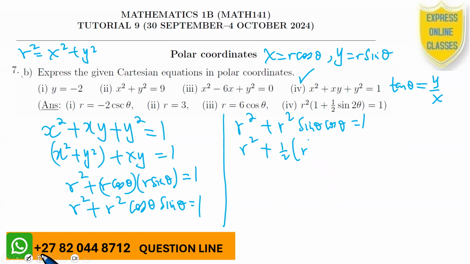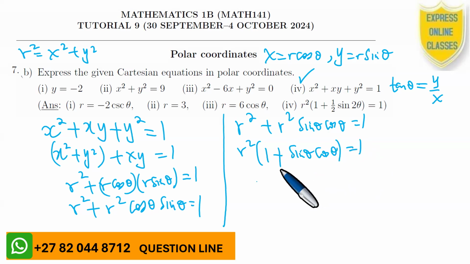But first let us do the following. We factor out r squared, the common factor, and we have r squared times 1 plus sine theta cosine theta equals 1, which is 1 plus 1/2 times 2 sine theta cosine theta.